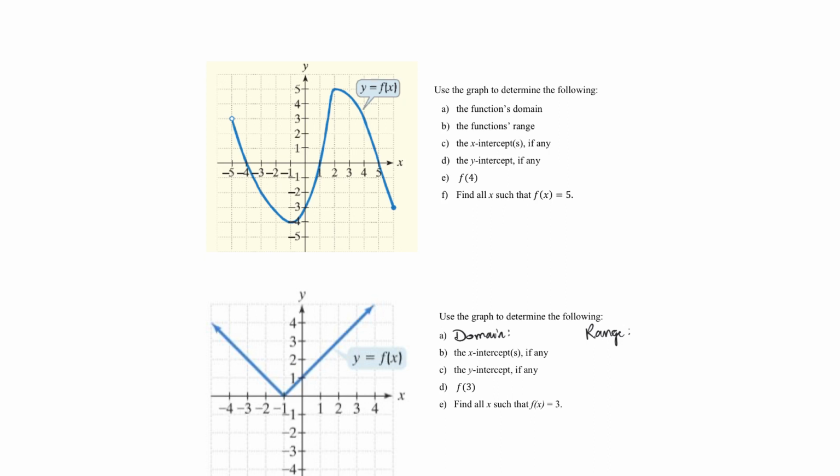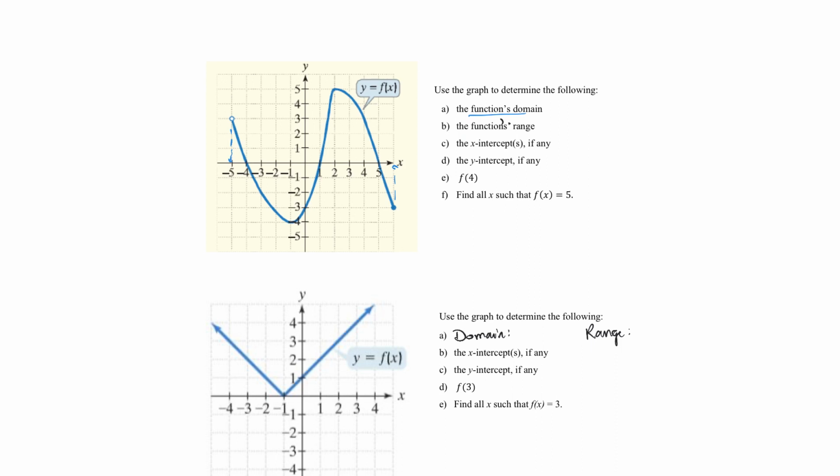So we're going to use the graph to determine A, the function's domain, B, the function's range, C, the x-intercepts, if any, D, the y-intercept, if any, E, f of 4, and F, all values of x such that f of x equals 5. All right, so remember now that the domain is associated with the x-axis.